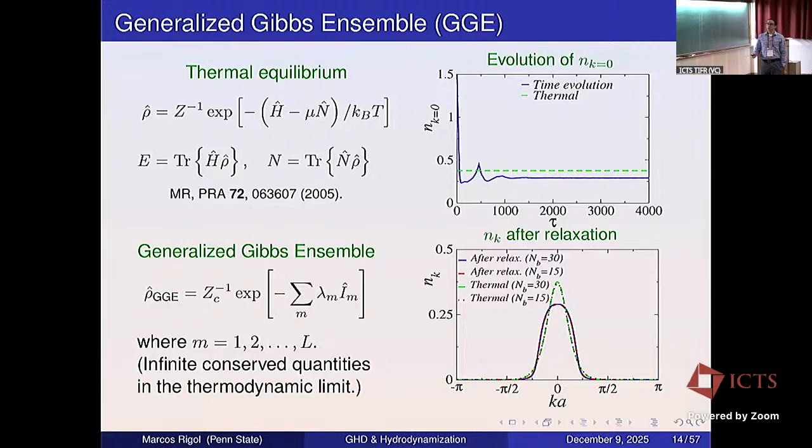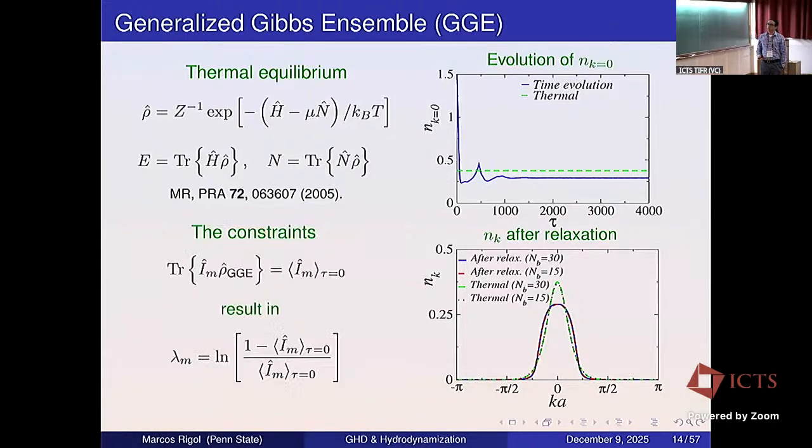For this system, the great advantage is that once you know the occupation of these conserved quantities in the initial state, you can get the Lagrange multipliers analytically. Imagine having to fit numerically something that is infinite.